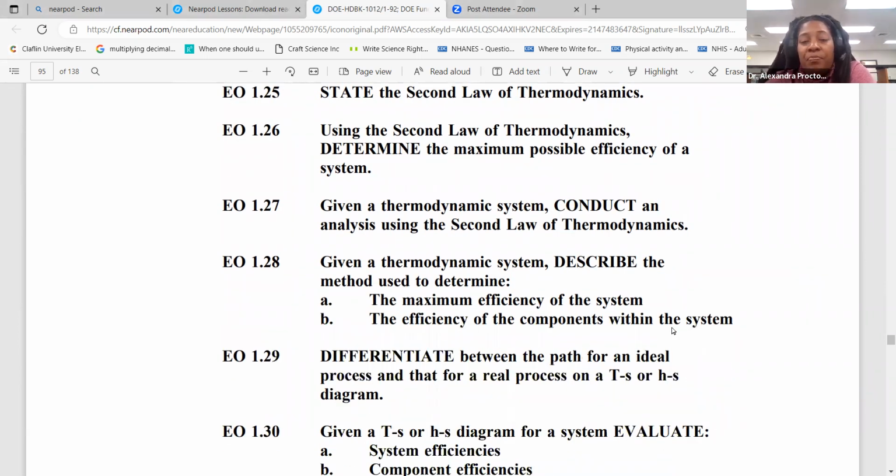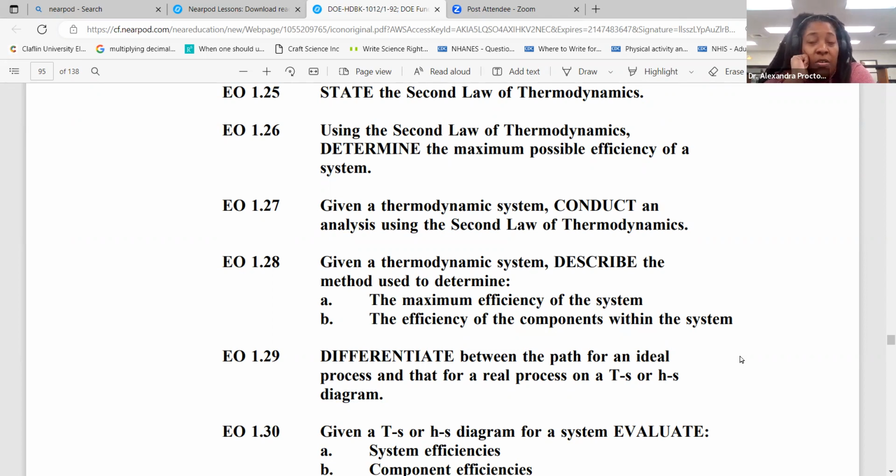Given a system, describe the method used to determine maximum efficiency of a system and the efficiency of the components of that system, and then differentiate between the path for an ideal process and a real process using the temperature entropy and enthalpy entropy diagrams.